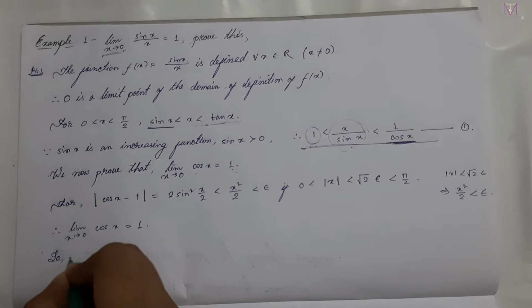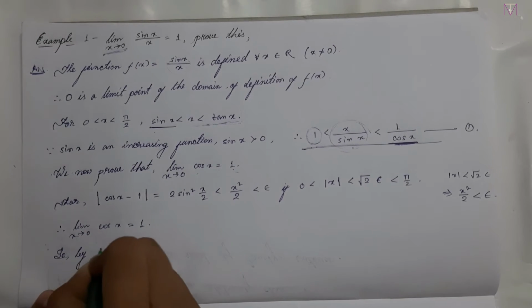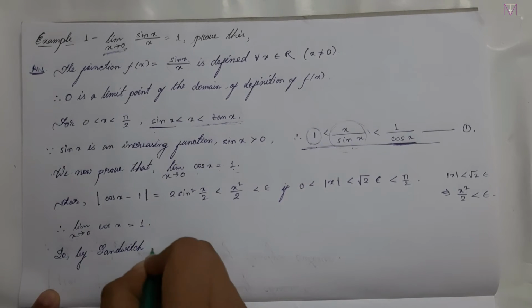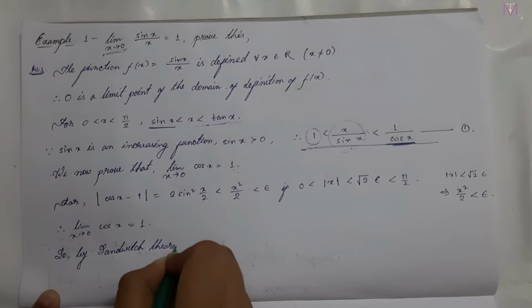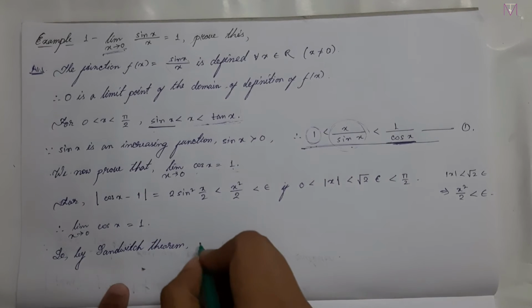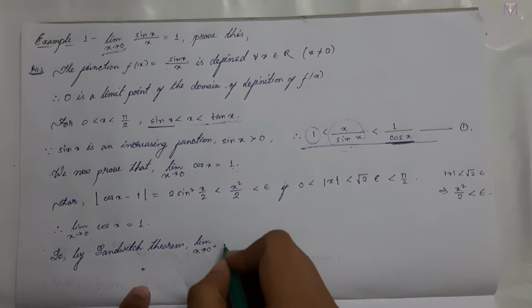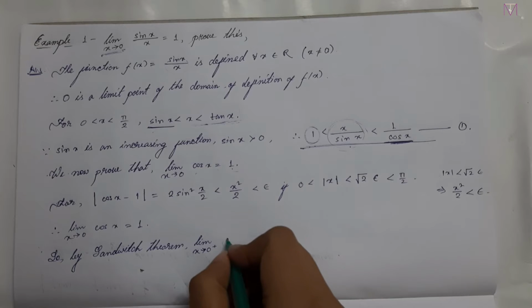So by the Sandwich theorem, limit x tends to 0 plus. Okay, first take this, limit x tends to 0 plus.